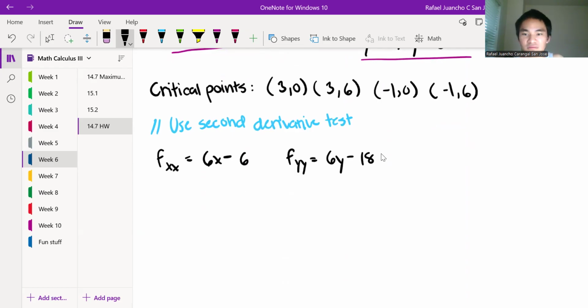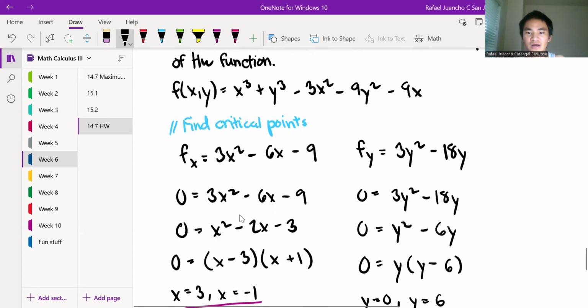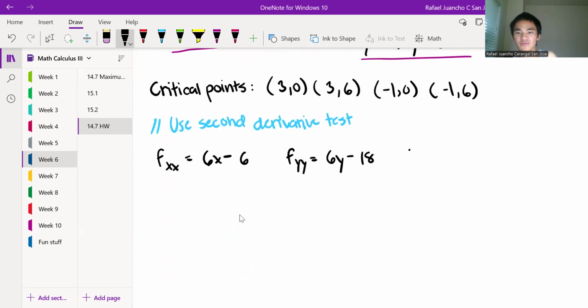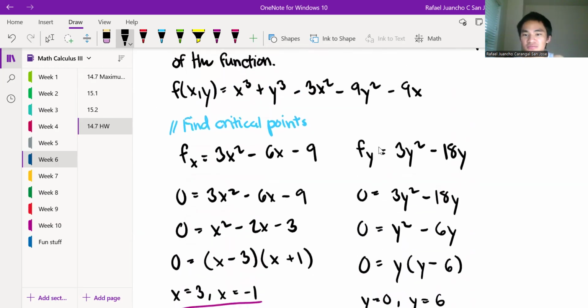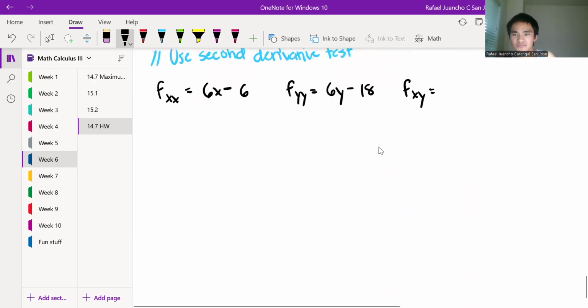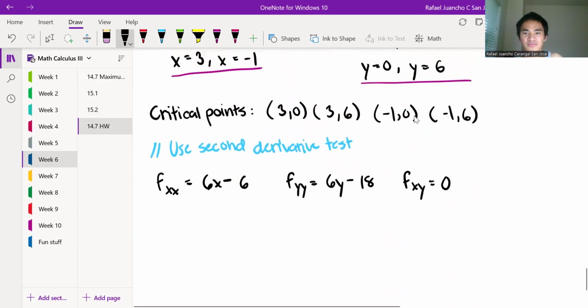Right? If I'm not totally mistaken. Yeah. And then my f sub xy. So maybe I can take a look at my y. Oh, 0. Right? So I just have to multiply these two, and then I get my D.